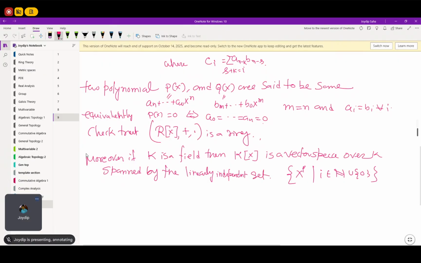So if K is a field, then it is a vector space over K. Now if R is not a field but a ring, we'll see that it is a free R-module. That concept will be developed later.